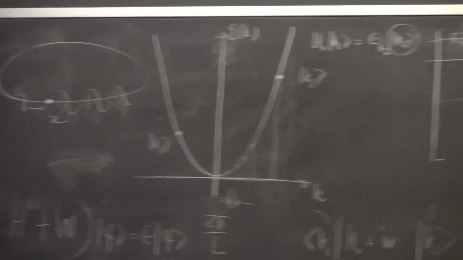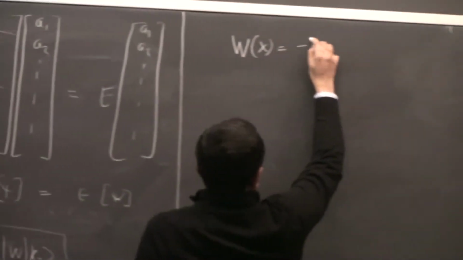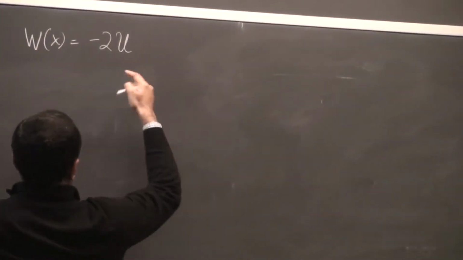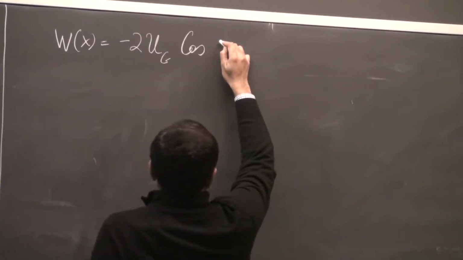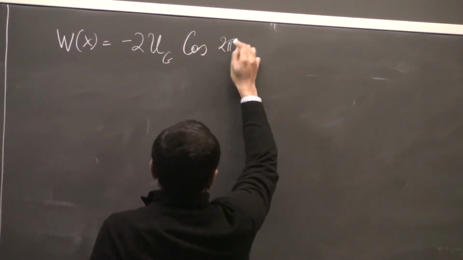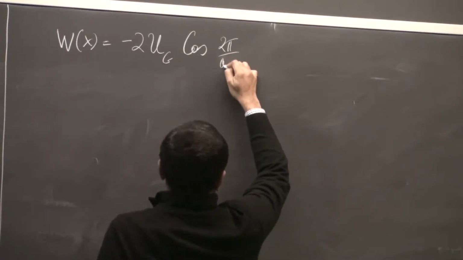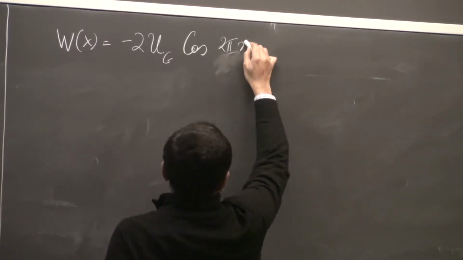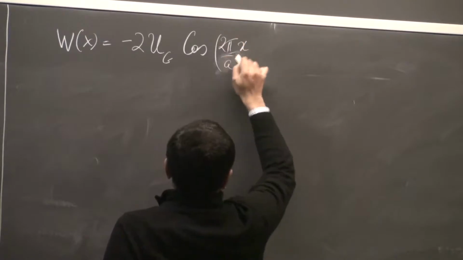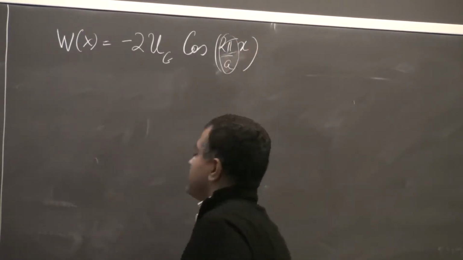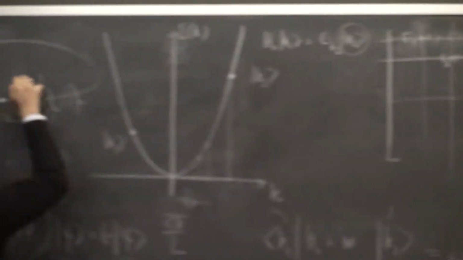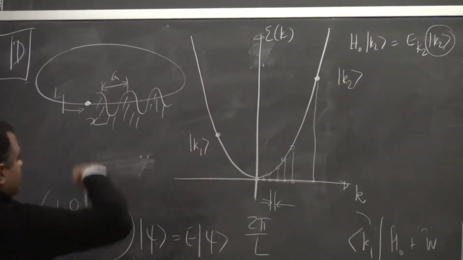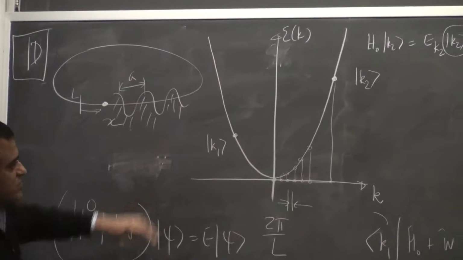The way we wrote it, W of x is minus twice a strength, and the 2 will become clear very soon, times cosine of 2 pi x over a. Here a is the lattice constant, or the periodicity of this potential.